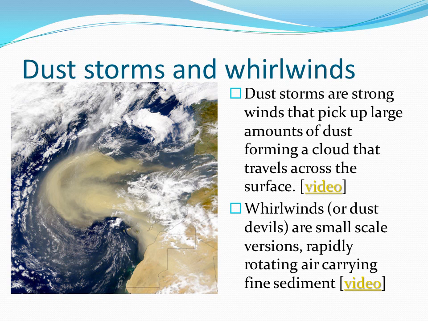They're rapidly rotating air carrying fine sediment. So again, whirlwinds are just dust devils, and they're much smaller. They look like little tornadoes of dust, like the Tasmanian Devil cartoons, right? You've probably all seen them here around Phoenix.